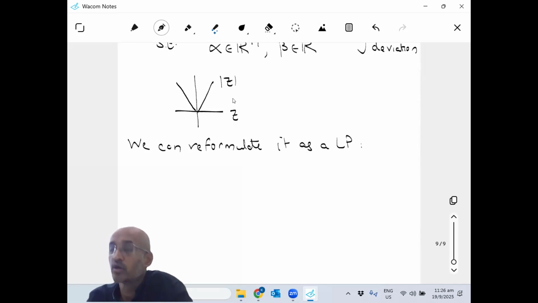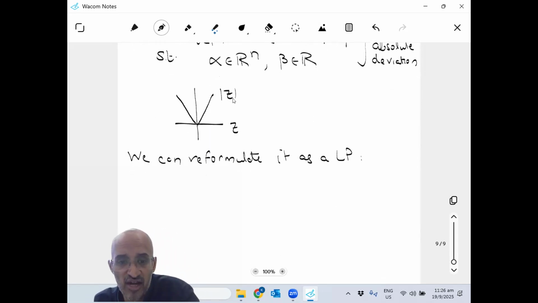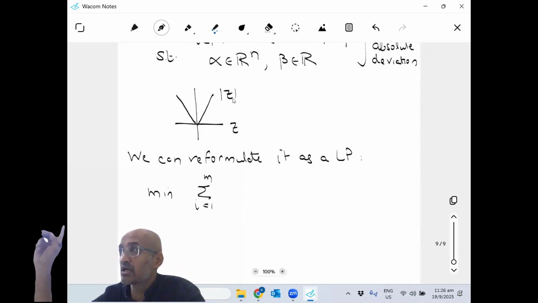How? We will use the epigraph reformulation, except we will do it term by term. What I mean by this is I will rewrite this as minimum summation i going from 1 up to m. Previously, I had a single variable t.